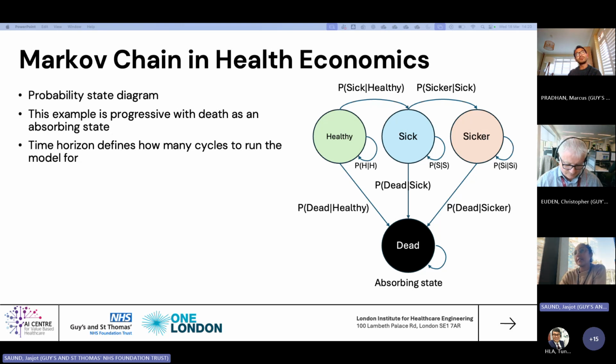NICE guidance suggests a lifetime horizon is the ideal, which means that if you start your model with 100 people in the healthy state with an average age of 40, you'd want to run the model for at least 60 years, because you want everyone to get to that dead state so that you can model how many people are in each state at any given time.